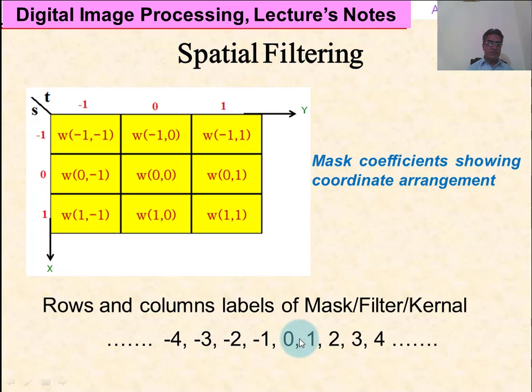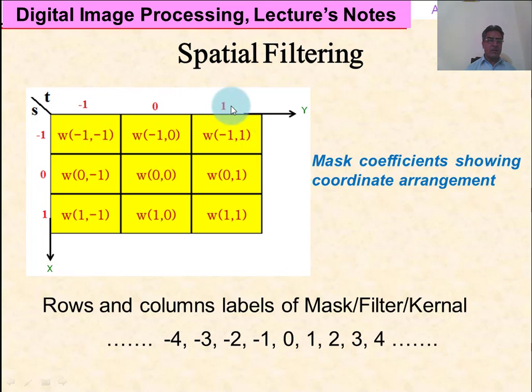And if it is a 5x5 matrix, then we will take the 5 values from -2 to 2. These 5 values will become the labels of the rows and columns. And if it is a 7x7 matrix, then from -3 to 3, these will be the 7 values, and these will be the labels of the filter or mask columns and rows.